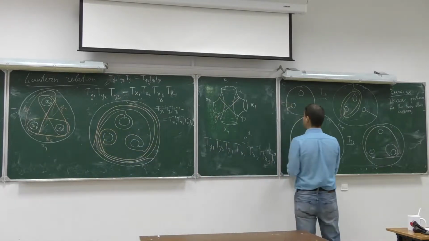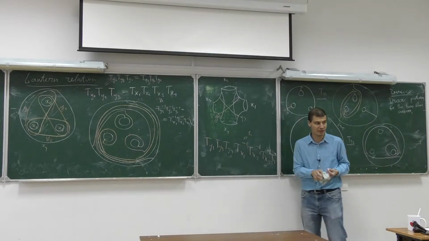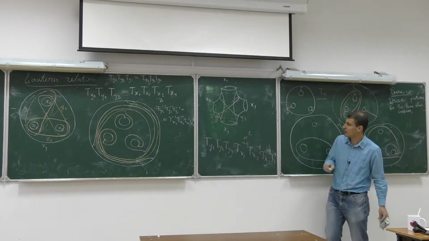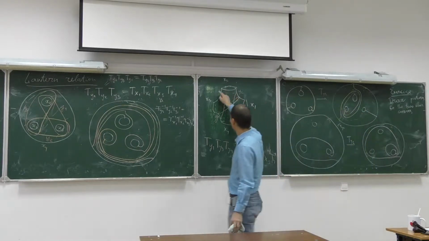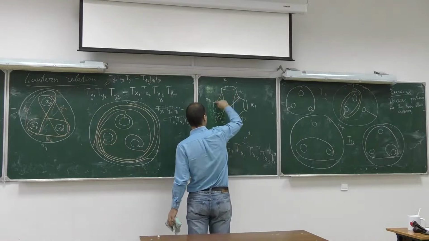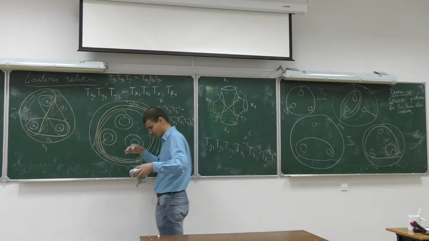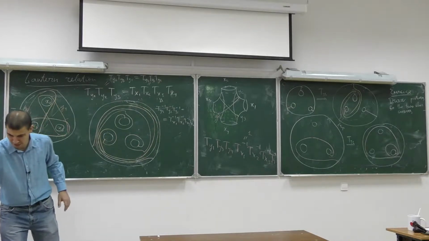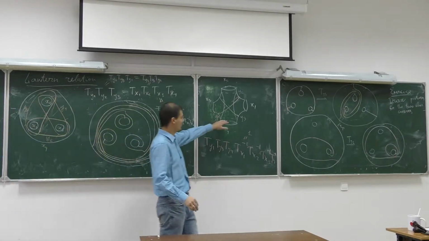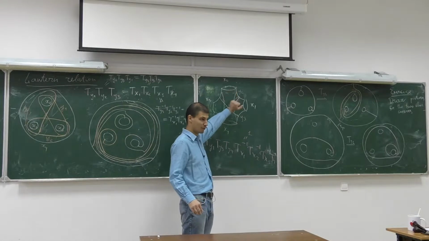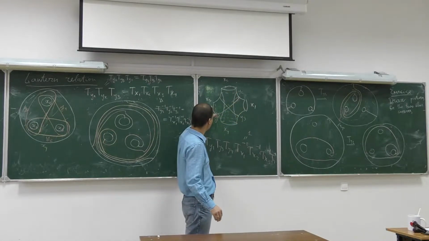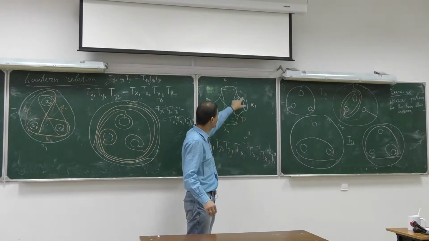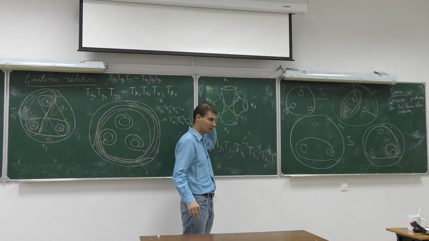So the idea is as follows. If genus is at least 3, then in our surface we may find a subsurface homeomorphic to the sphere with 4 boundary components, so that all these 7 curves are non-separating.